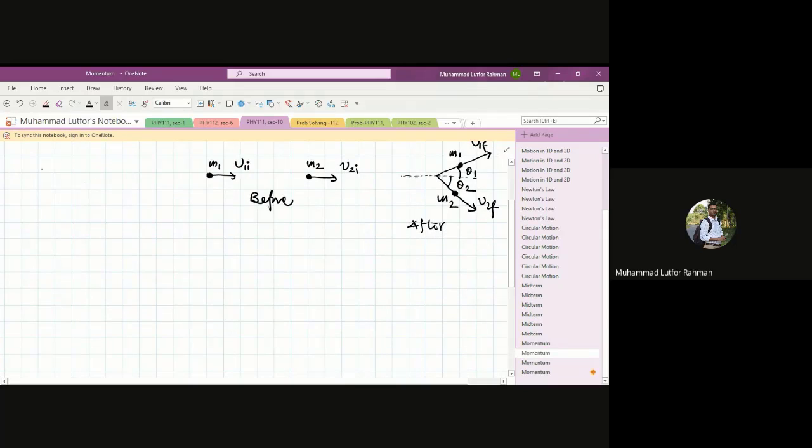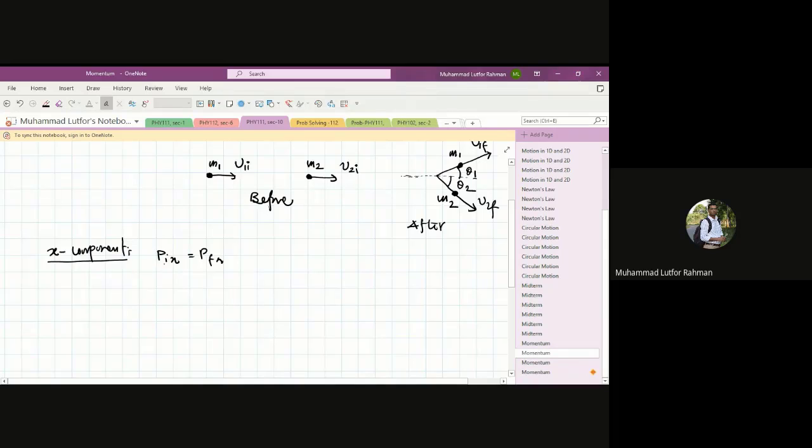Since it's a two-dimensional collision, we'll write down the momentum conservation equation, for two cases. First, the x component of momentum: pix must be equal to pfx.